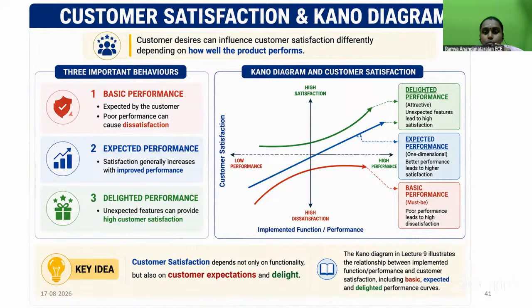Then you have expected performance, that is better performance leads to higher satisfaction. For example, in the same room let's say you have very good wi-fi, but that is not a basic thing. The basic one is cleanliness, a good bed, and a good room to take rest, get ready, and go out for outing.